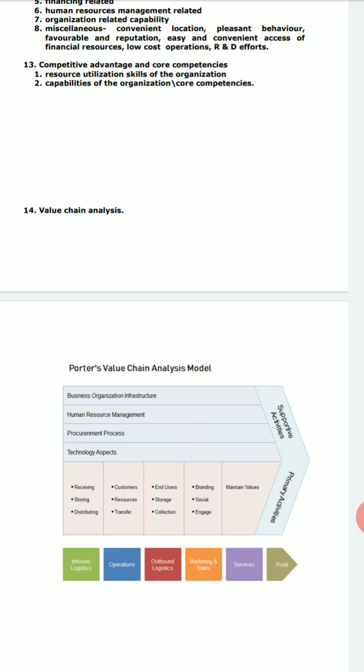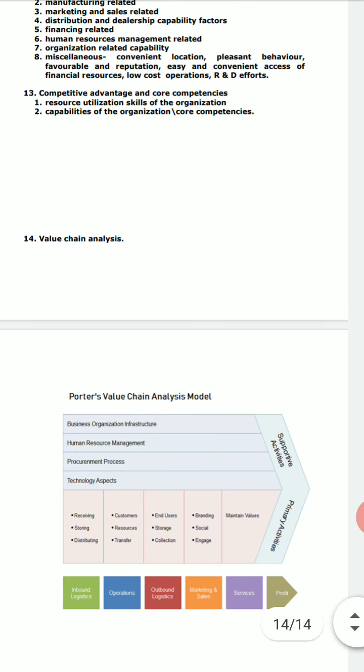How they are different from each other and what each one means, we will learn in this session. Let us talk about the first dimension, the resource utilization skills of the organization. The content has been given in the text and you can refer to it while watching the video session.